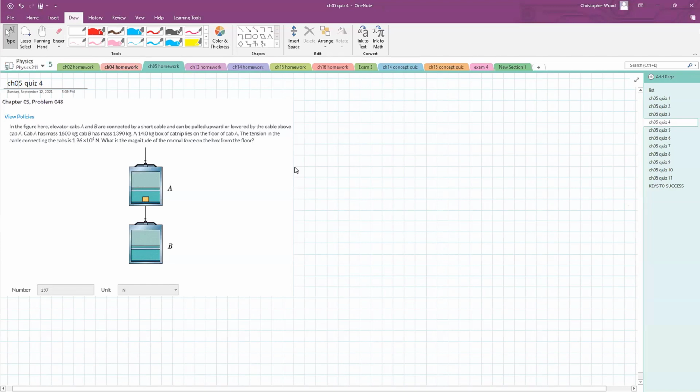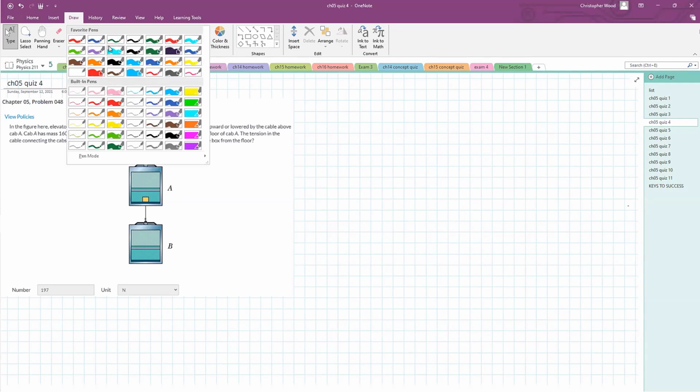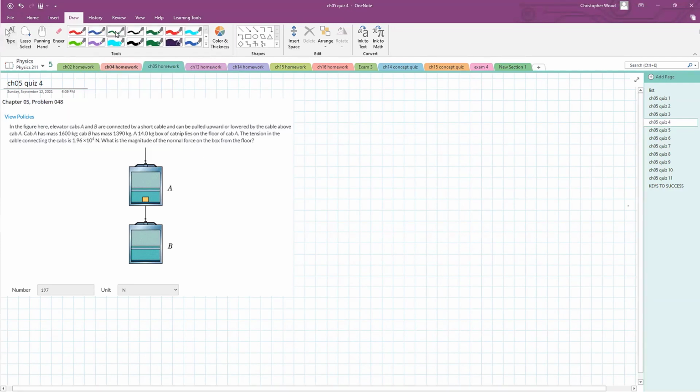It's an elevator problem. We have 2 elevator cabs. Elevators are, again, a good thing to experiment with or to consider, because it's pretty thought-provoking. The mass of the top elevator is, for me, 1,600 kilograms. The mass of the bottom elevator, for my numbers, is 1,390.